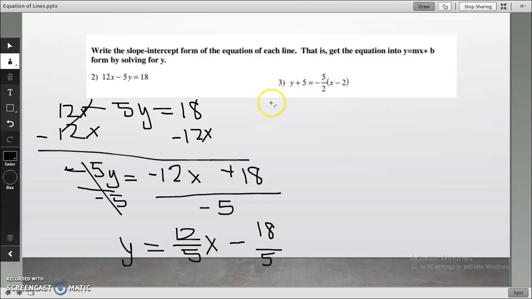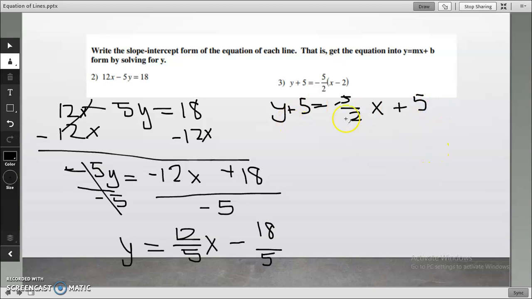All right, so let's do the next one. So I have y plus 5, and I'm solving for y. So over here I need to go ahead and distribute, right? So I'm going to distribute this negative 5 over 2. So that's going to give me negative 5 over 2x. And negative 5 over 2 times minus 2 gives me a plus 5.